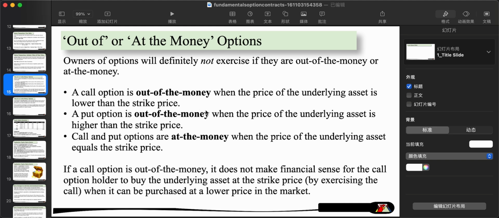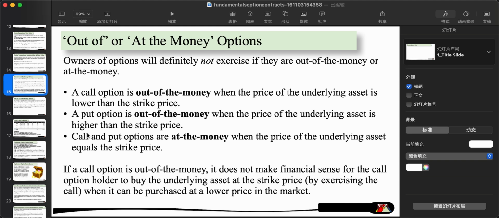So, out of or at the money options. Owners of options would definitely not exercise if they are out of the money or at the money. A call option is out of the money when the price of the underlying is lower than the strike price. A put option is out of the money when the price of the underlying asset is higher than the strike price.